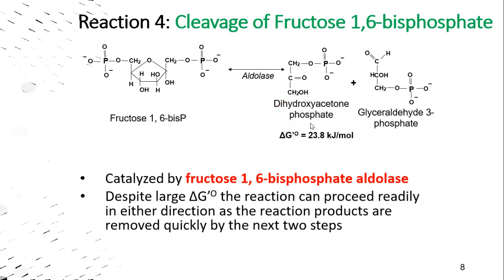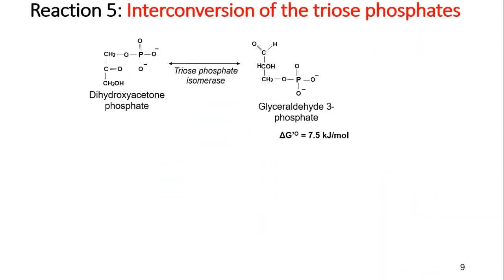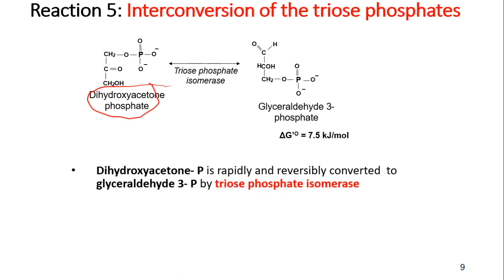So this makes the fifth reaction, whereby dihydroxyacetone phosphate is being converted to glyceraldehyde 3 phosphate. This reaction is just a reversible reaction.